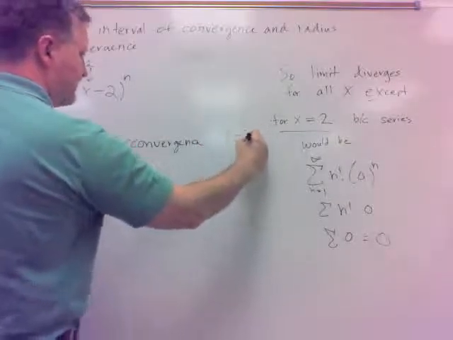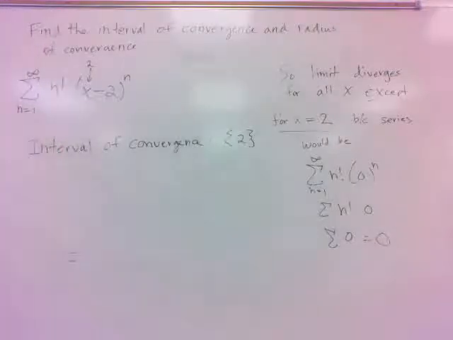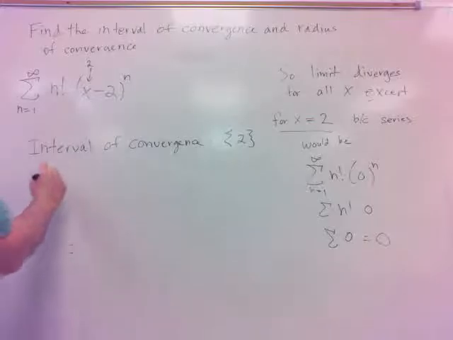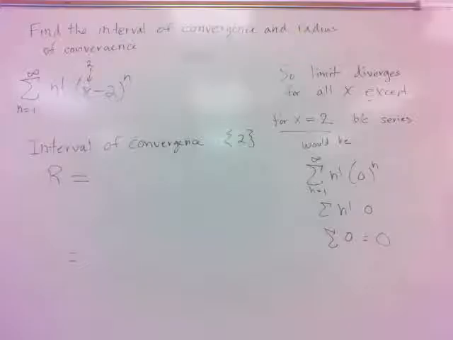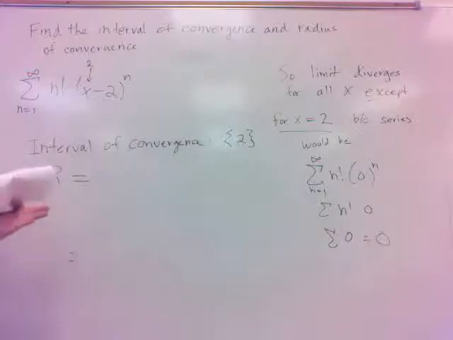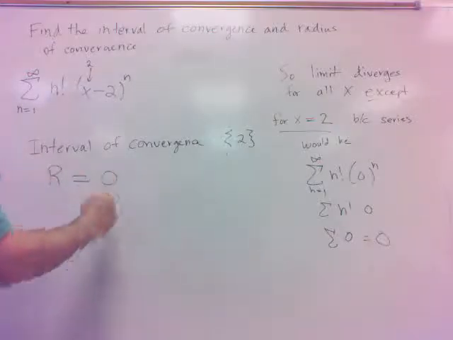So we'll just say, usually I think the book will note it, 2 within set braces. The radius of convergence: what's the center of this thing? The center is 2, and it goes nowhere on either side, so that's not much of a radius, is it? The radius would be 0.